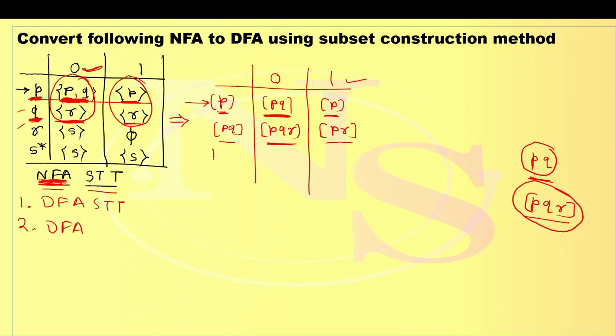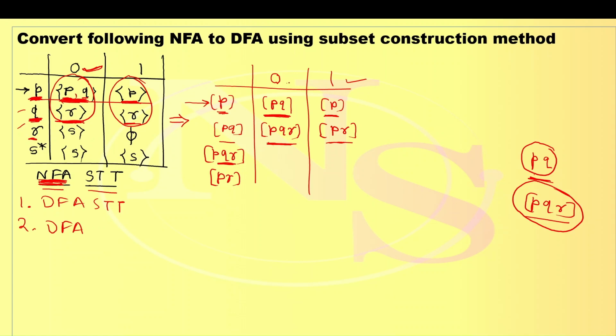So I'm taking PQR first. Then I will take PR. New subset means what? PQ and P are the old ones. PQR is not covered, PR is not covered. So I have taken these new subsets. Now repeat the process. Here PQR is one state in the DFA table, but in the NFA table PQR is three states.